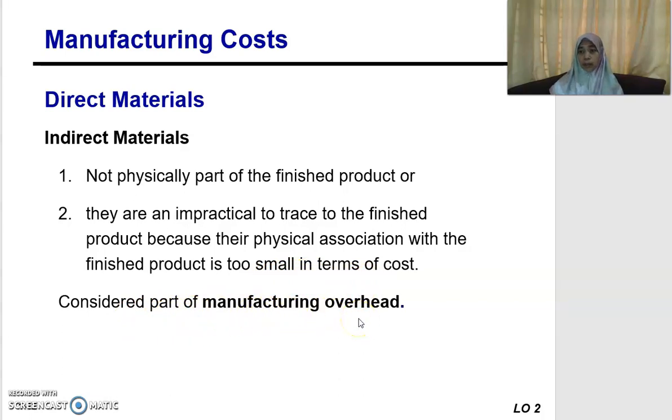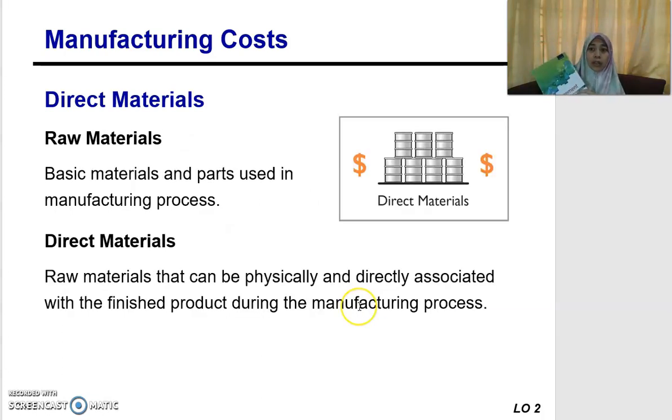For example, in the production of a book, the papers are the direct material, because they can be physically and directly associated with the finished product. At the end of the day, you can still see the papers in the book.